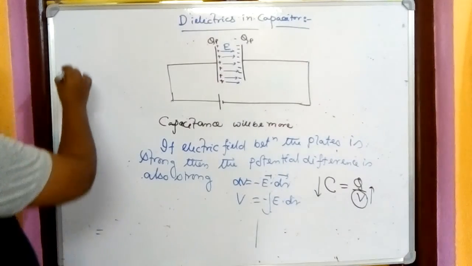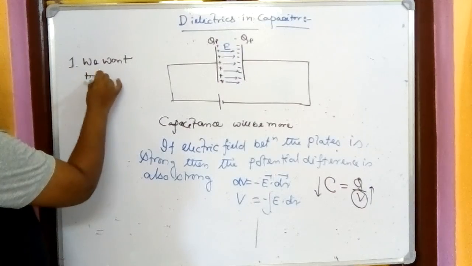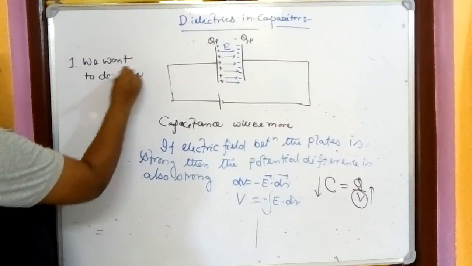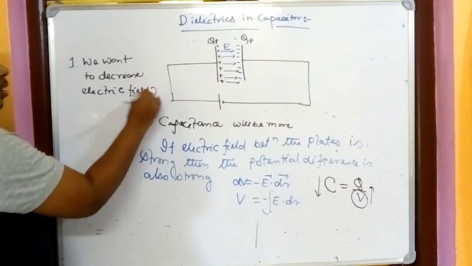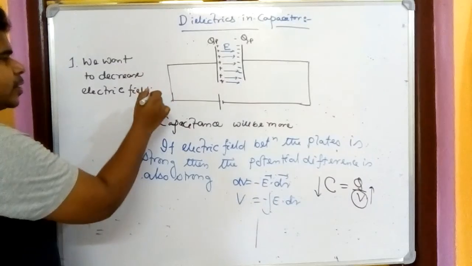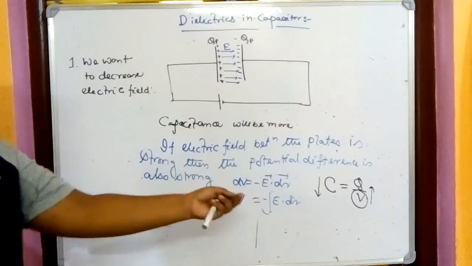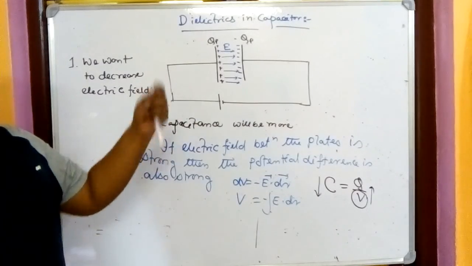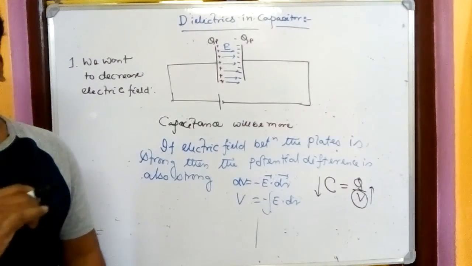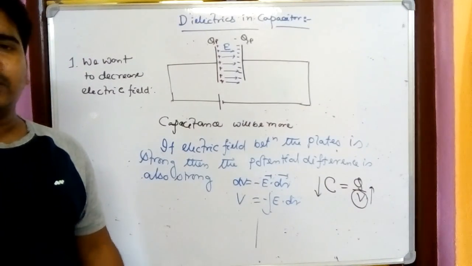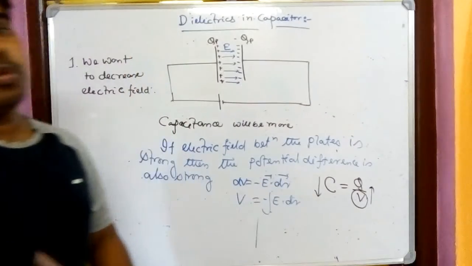So our target is, number one, to decrease the electric field, because if the electric field is decreased, then the potential is automatically decreased, and if the potential difference is decreased, automatically the capacitance will be increased. And our target in forming a capacitor is to make the stored charge more. For that reason, the capacitance C will be more.